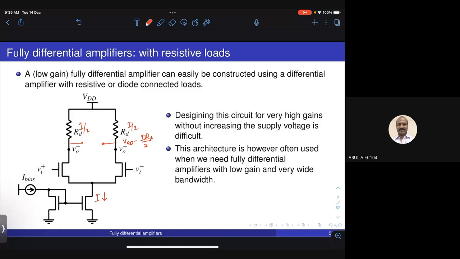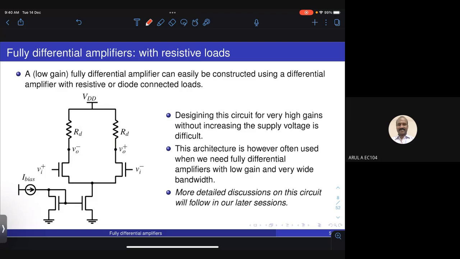So if I increase RD arbitrarily to increase the gain GM into RD, the output common mode reduces. And if the output common mode reduces, at some point the input pair will go out of saturation, and that's when your amplifier will stop working, or basically you'll lose the gain of the amplifier because it won't be biased in saturation anymore.